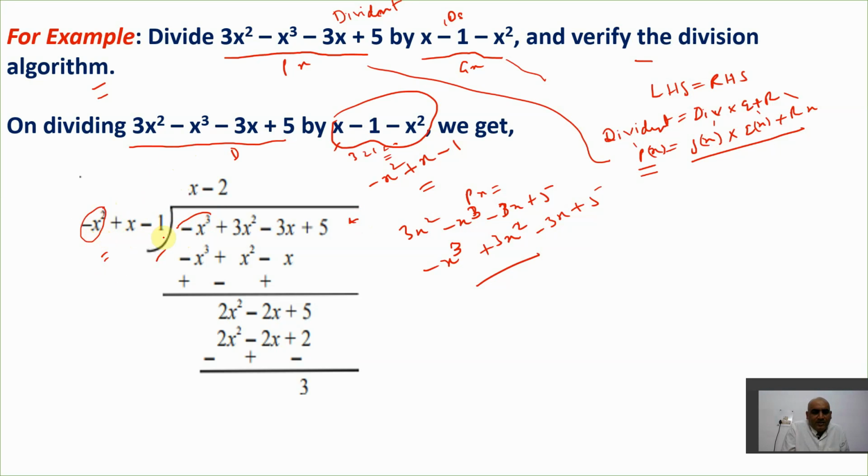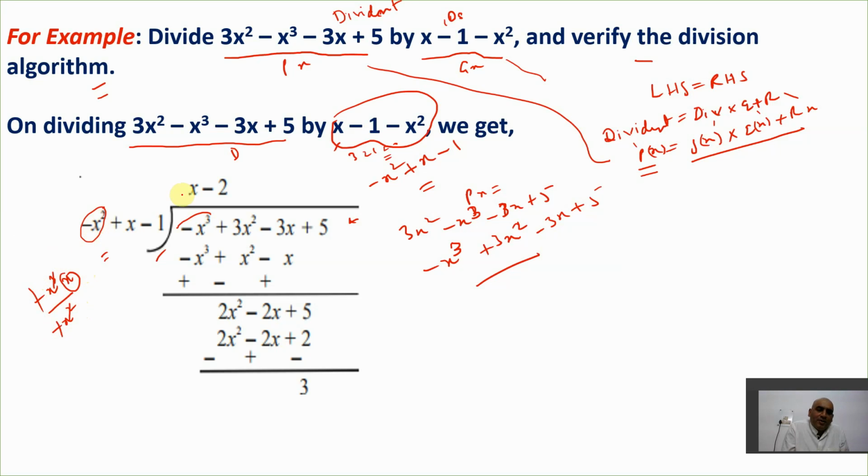You have to see like this: this is minus x cube and this is minus x square. If I cut like this, minus minus cancel. This is power 3, this is power 2. It becomes power 1, because this is 3, this is 2. So this becomes 1x.